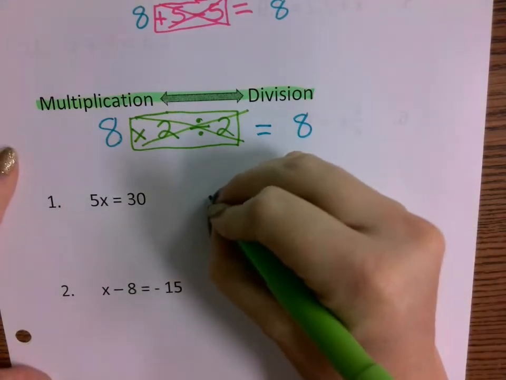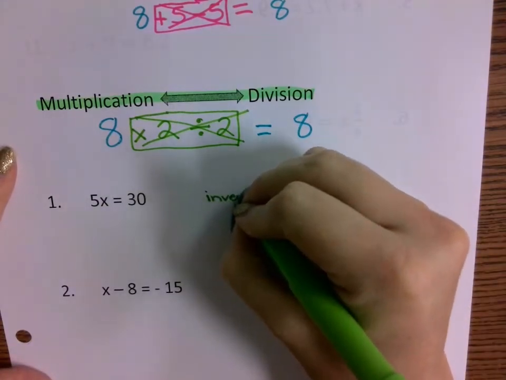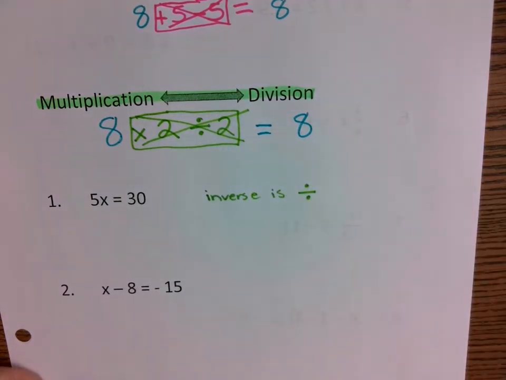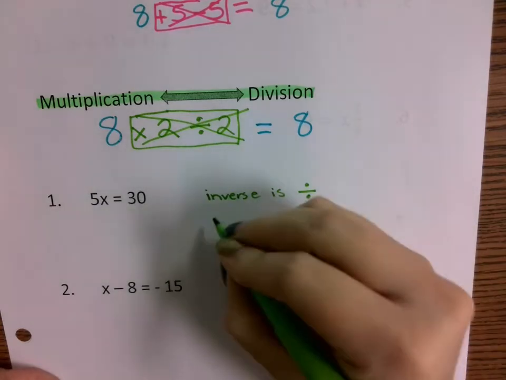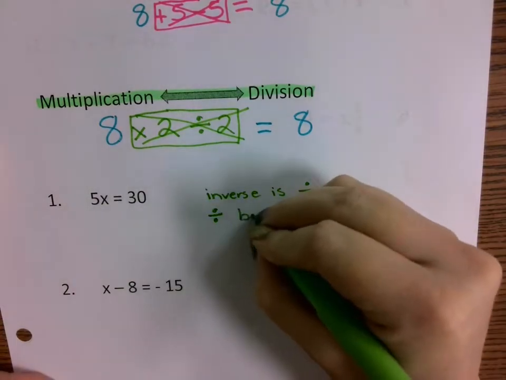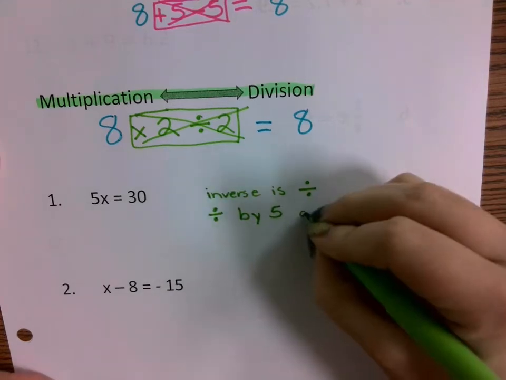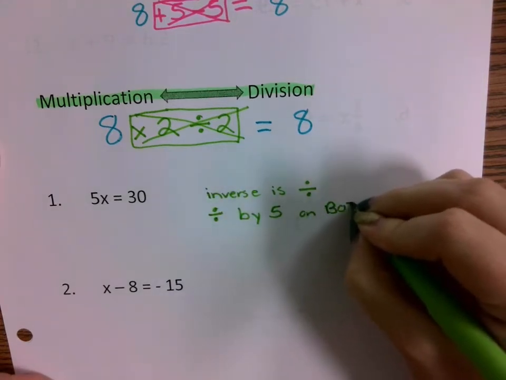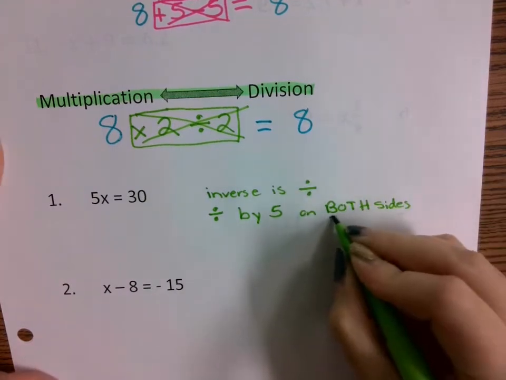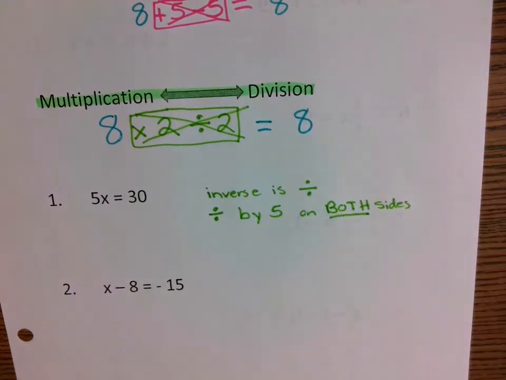Division. So that means instead of multiplying by 5, we are going to divide by 5 on both sides.